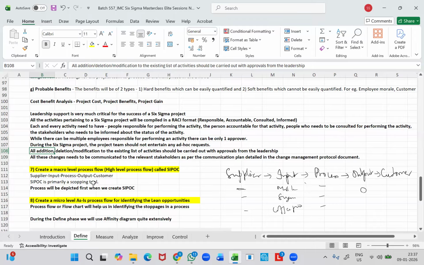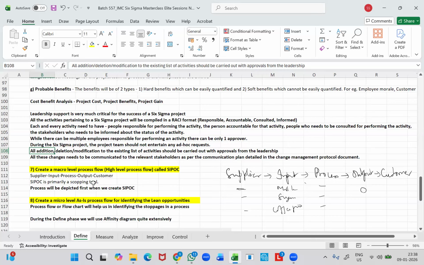If that is the case, we don't have to really work on any process improvement. We can address the issue by identifying the supplier who has supplied me with that faulty input, and we can either warn that supplier or even change that supplier.